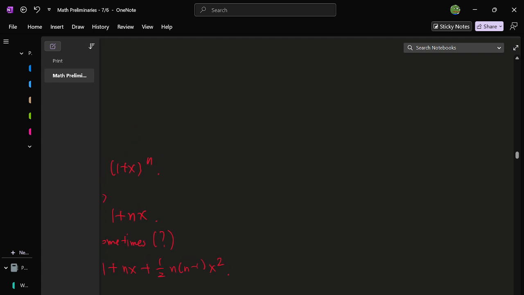Okay, so you guys might have heard of how we deal with thermal expansion, where we usually approximate it to be linear.